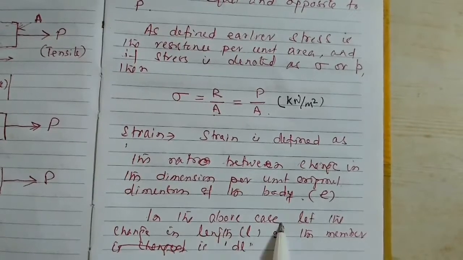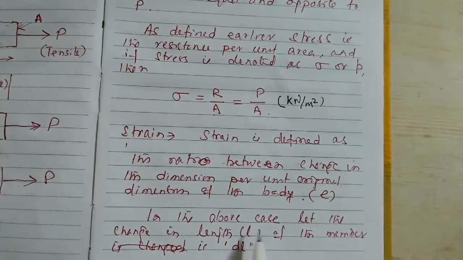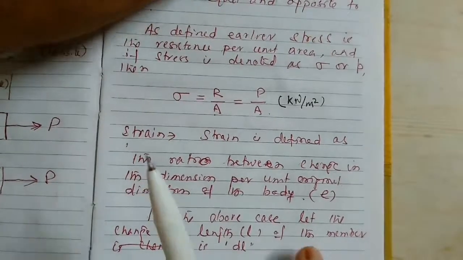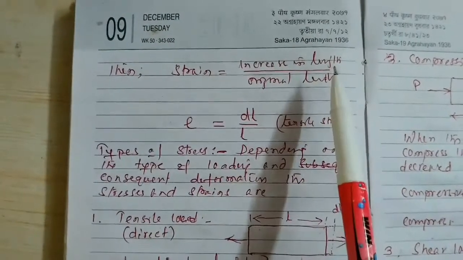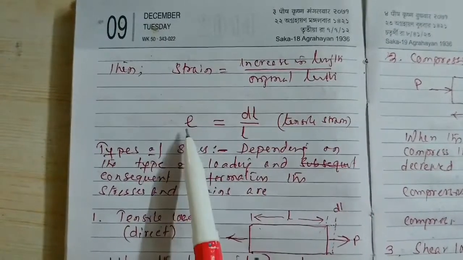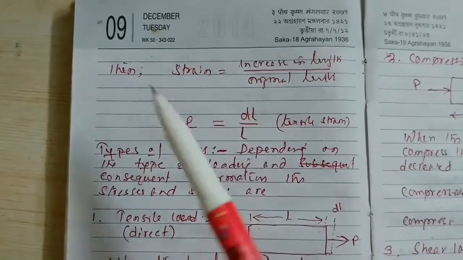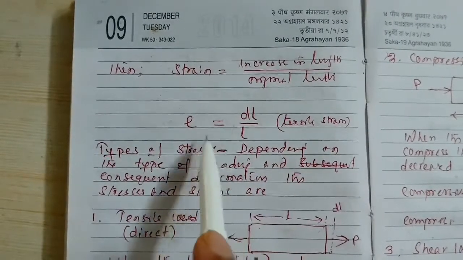In the above case, let the change in length of the member be dl. Then strain is the increase in length by the original length, that is, small e is equal to dl by L. And such strain is called tensile strain because it is due to the tensile load.